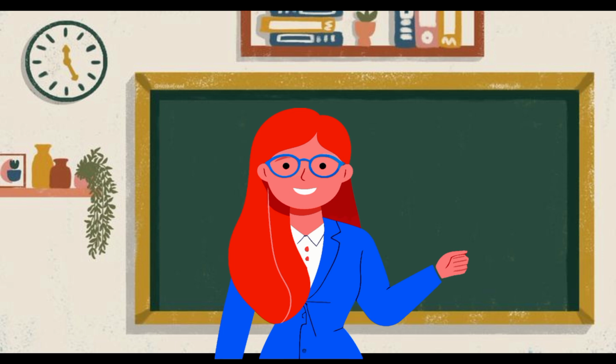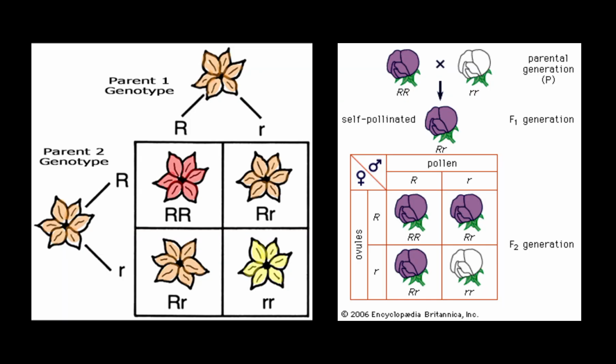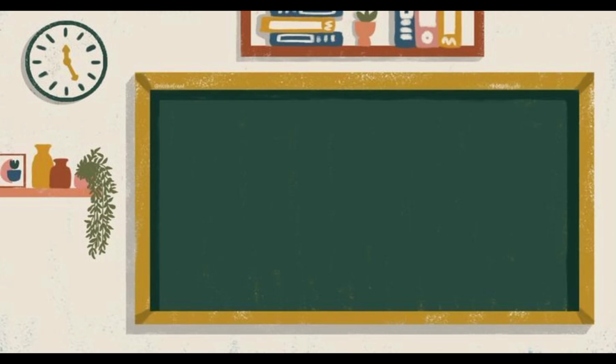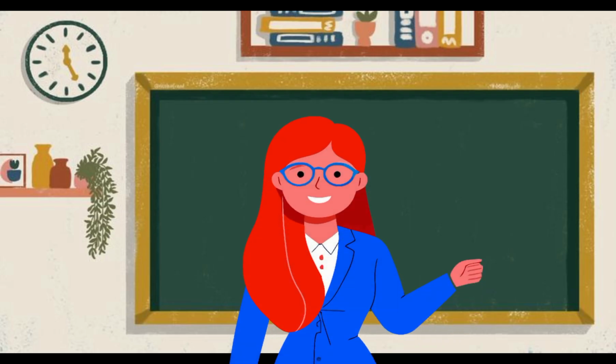Before we proceed to our formal discussion, we're going to show you different pictures that are related to our topic for today, and we want you to observe those pictures. Now, what have you observed about those pictures?